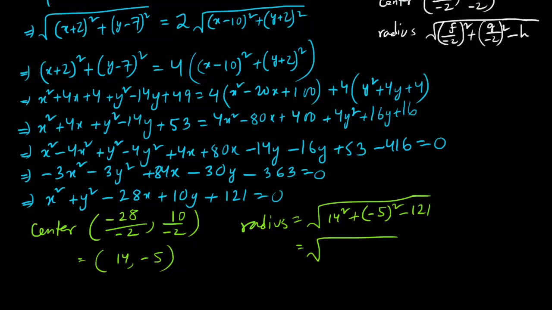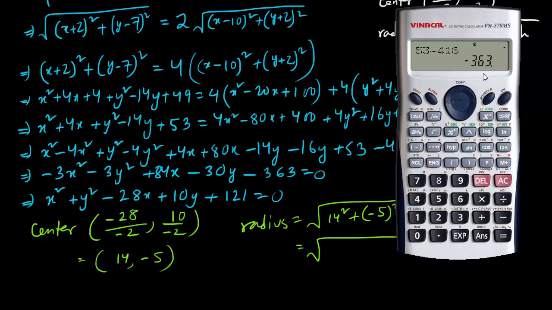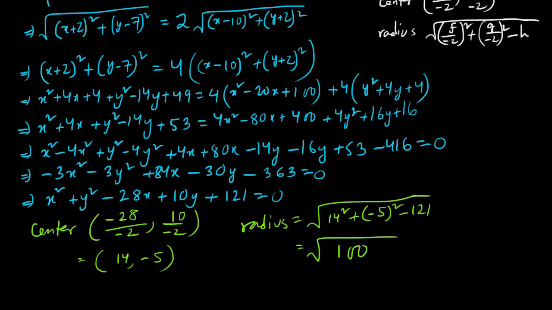So this is 196 plus 25 minus 121, and that is 100. So this is the square root of 100, which is 10. So we know the radius and we know the center. Obviously this is not a perpendicular bisector line, but a circle with center (14, minus 5) and radius 10.